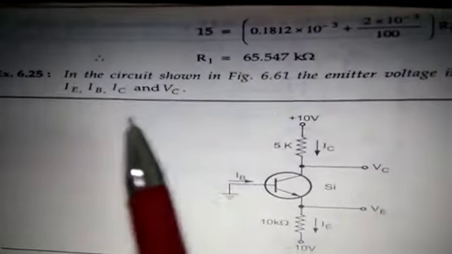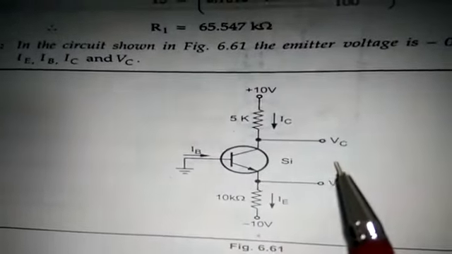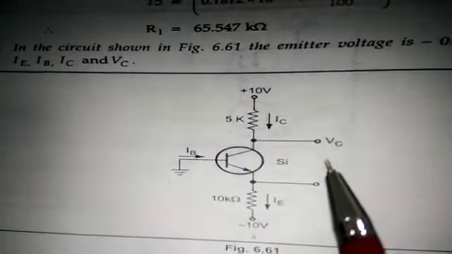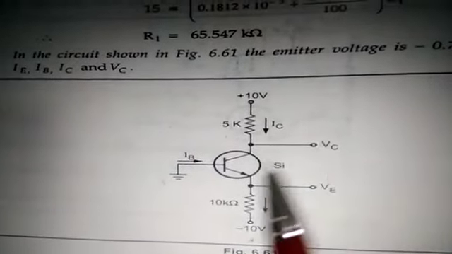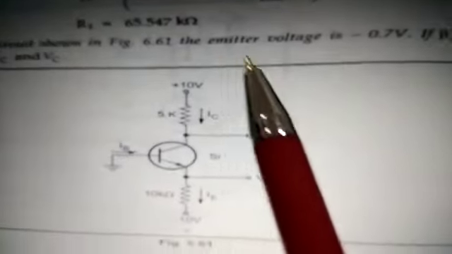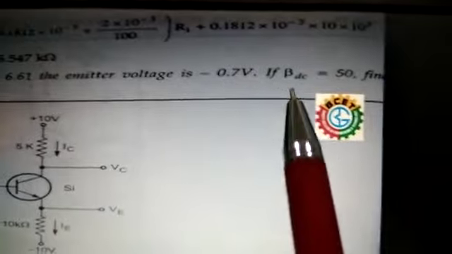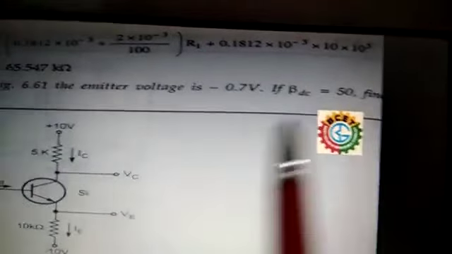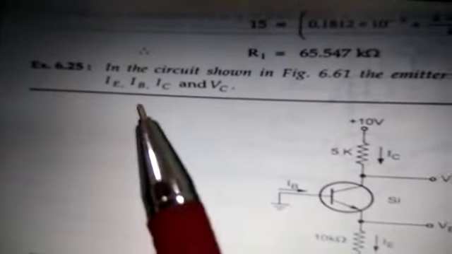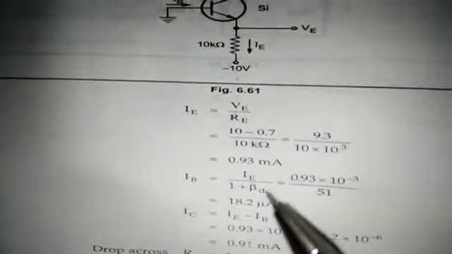And finally, one more problem, where VC and VE are shown as the output. In the circuit shown below, the emitter voltage is minus 0.7 volt. If beta DC is equal to 50, find IE, IB, IC and VC. Simply you can calculate IE, which is equal to VE by RE, simply 0.93 milliampere.